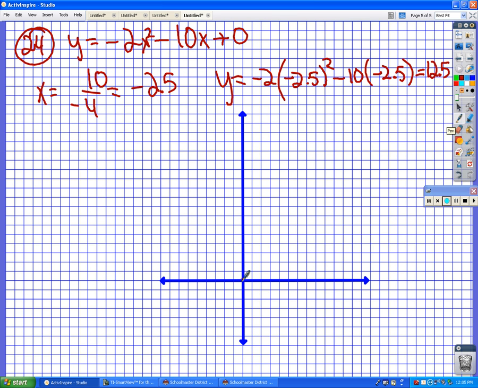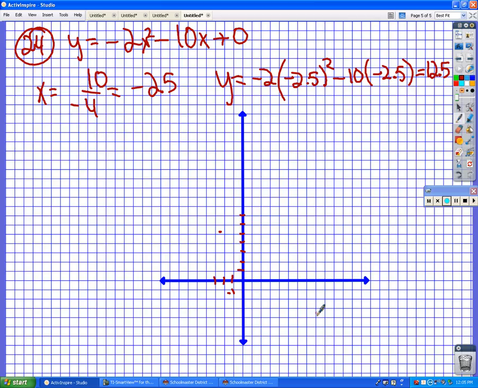So I'm going to go back 2.5, negative 2.5, and these I'm just going to do as regular. And then 2, 4, 6, 8, 10, 12, 14. So the vertex is right there, at negative 2.5, 12.5.